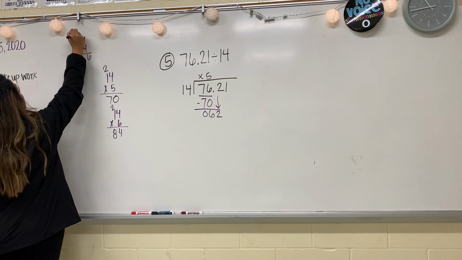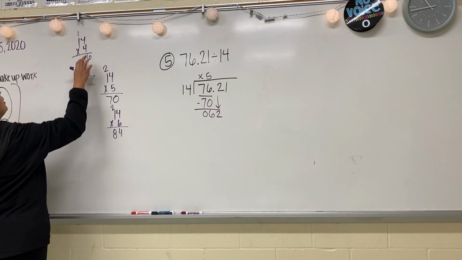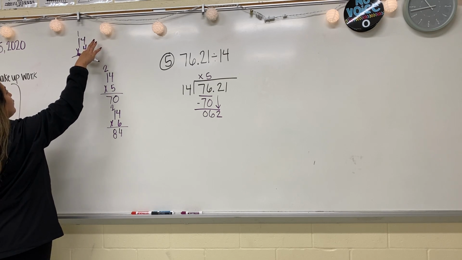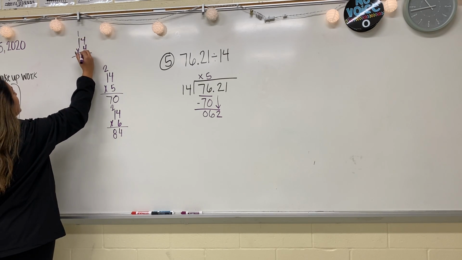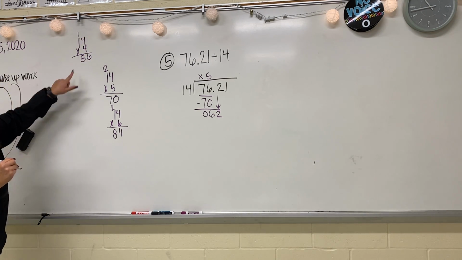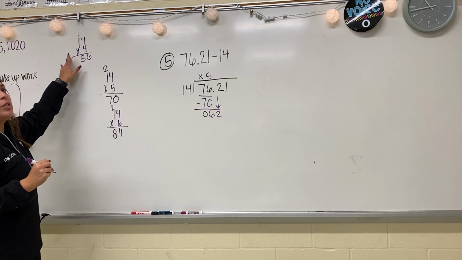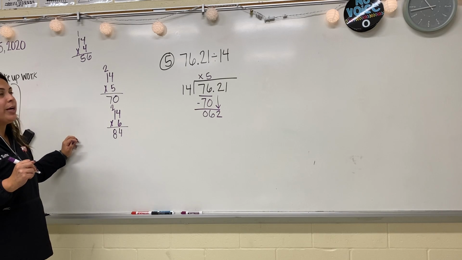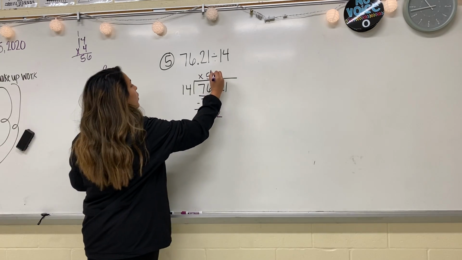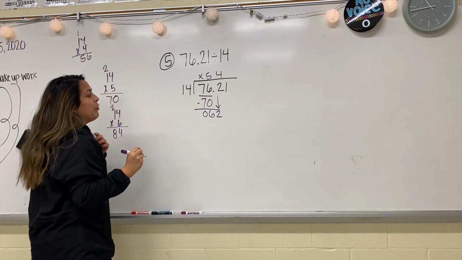Put my 6, carry my 1. 1 times 4 is 4. 4 plus 1 is 5. That's as close as I'm going to get to 62, because if I multiply by 3, I'm going to go even lower. So I'm going to put 4 above my 2.